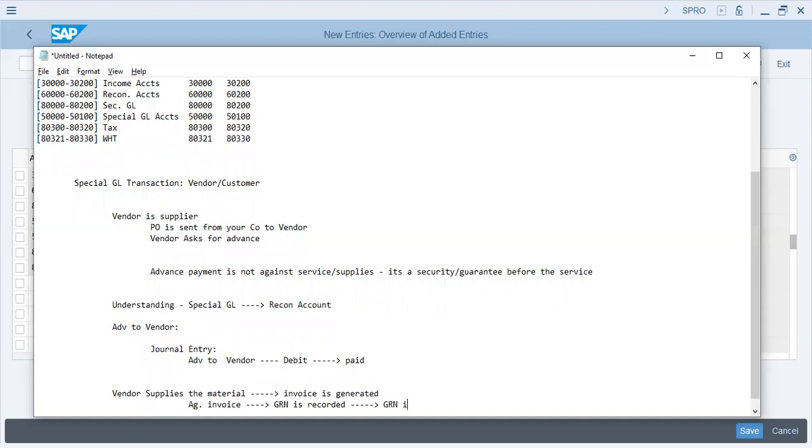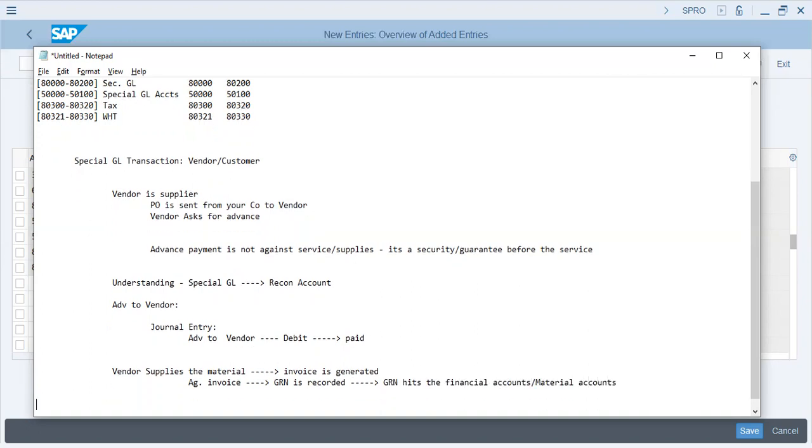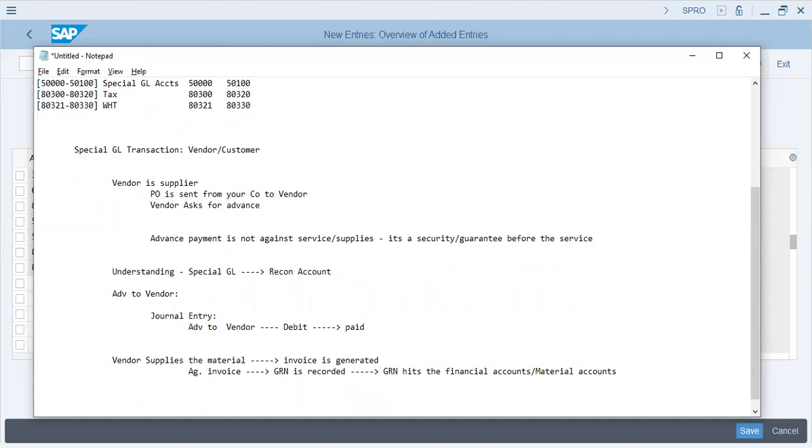GRN hits the financial accounts or material accounts. ठीक है? अच्छा. And invoice creates a vendor balance of 10,000, which includes understanding before the service.